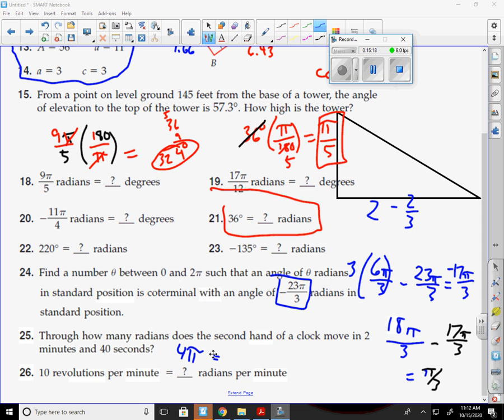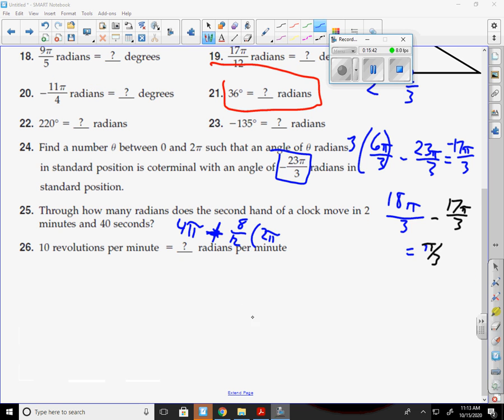Then 40 seconds is 8/12 of a clock times 2 pi. Eight times 2 is 16. And then we can reduce that because it's over 12.